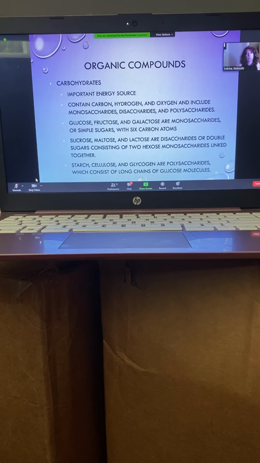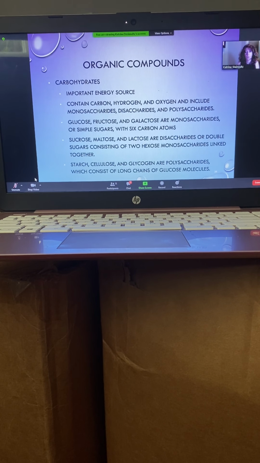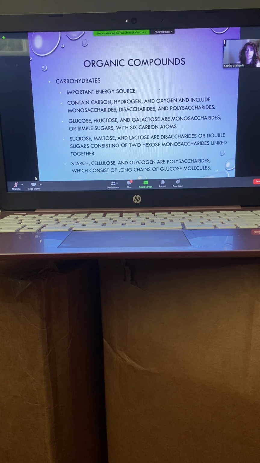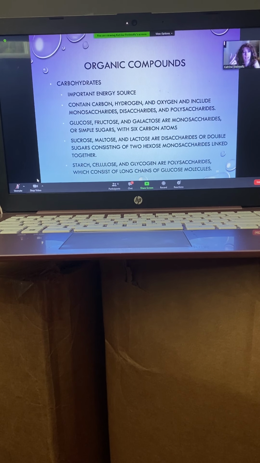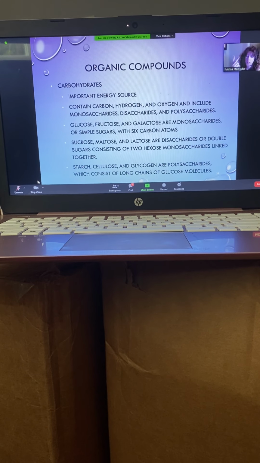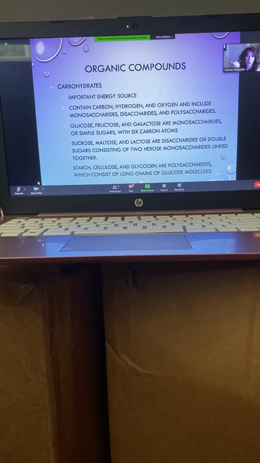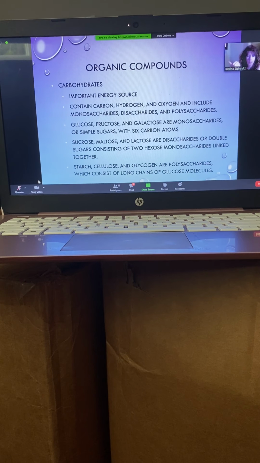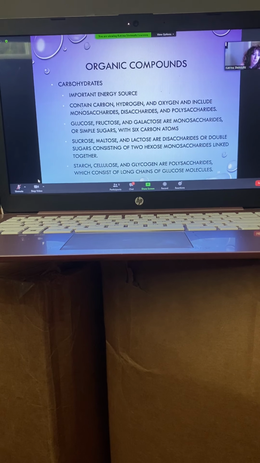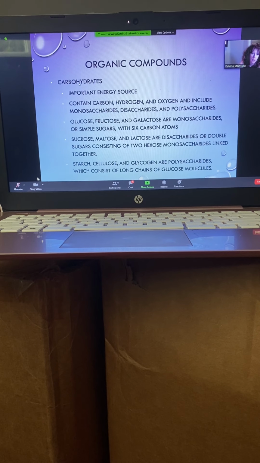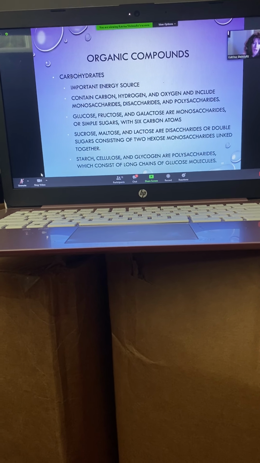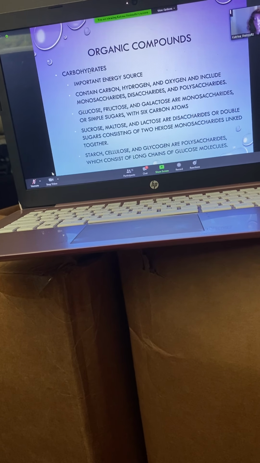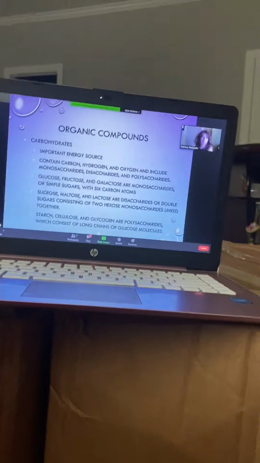So knowing just the basics for carbohydrates is that they're an energy source, and that they are carbon, hydrogen, and oxygen, which it kind of says in the name. Carbohydrate: carbon, C-A-R-B, hydrogen, H-Y-D, oxygen, O. Carbohydrates. Kind of tells you all you need to know in the name.